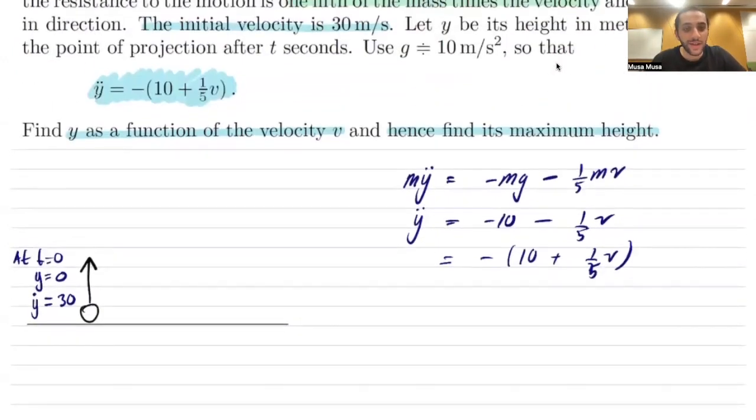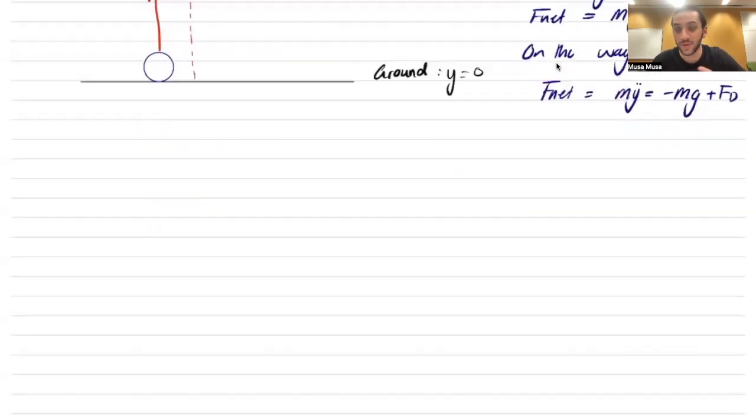It says find y as a function of the velocity and hence its maximum height. Okay, so what are our formulas for this? Remember, all of those rules we had for acceleration are the exact same, except now instead of x's, they're y's.